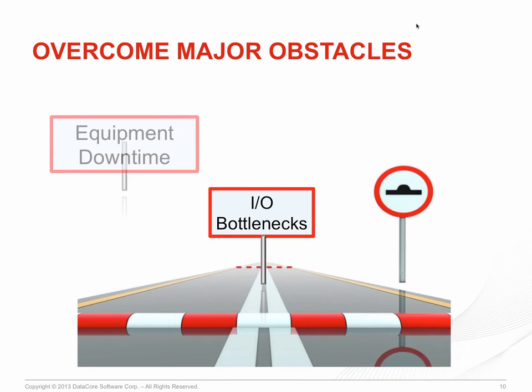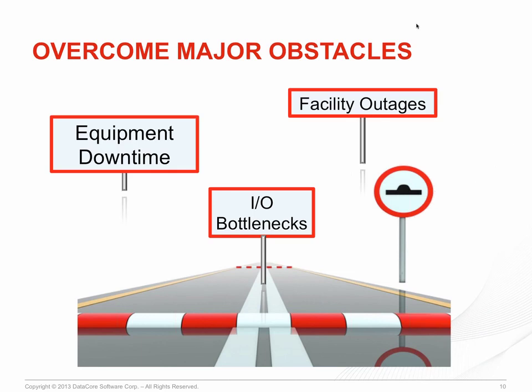On top of it, you have to think about equipment downtime. When you think about reshaping your storage, or adding more RAM, or adding more CPU, or simply adding equipment, you may need downtime, so think about tier one applications. This is why nobody wants to do it during the daytime. Then the last one is facility outages.